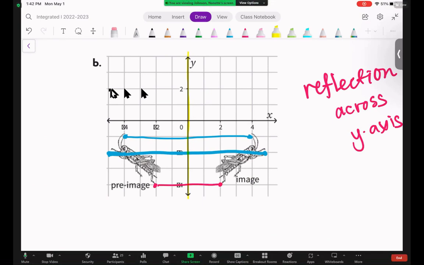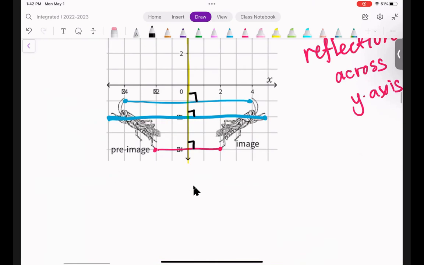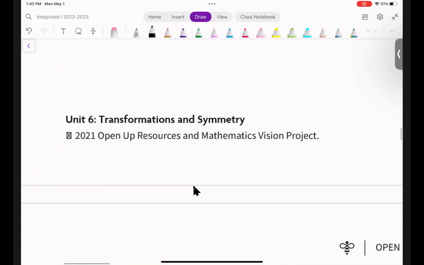So they're asking, are those lines perpendicular? Is the line connecting his antenna to his antenna and the line of reflection perpendicular? That means perpendicular, that little line. Yeah, I agree. So this one is also true.